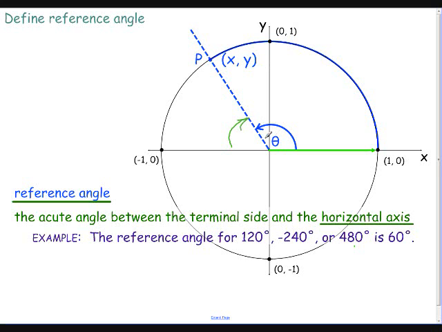This is the acute angle, which is 60 degrees. So all these coterminal angles have the same reference angle. The important thing to remember is it's the acute angle between the terminal side and the x-axis.